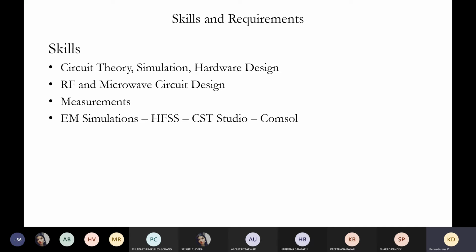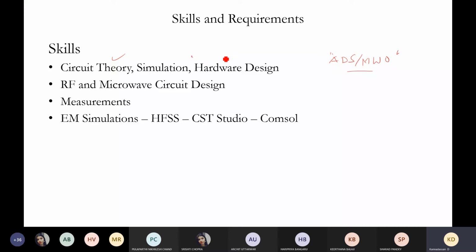And simulation means not simply Multisim or something. There are some advanced tools like ADS, maybe I will teach it if possible, and then Microwave Office. These tools can solve all the fundamental circuit theory problems as well as RF and microwave systems. We use these two tools to develop many amplifiers and oscillators.